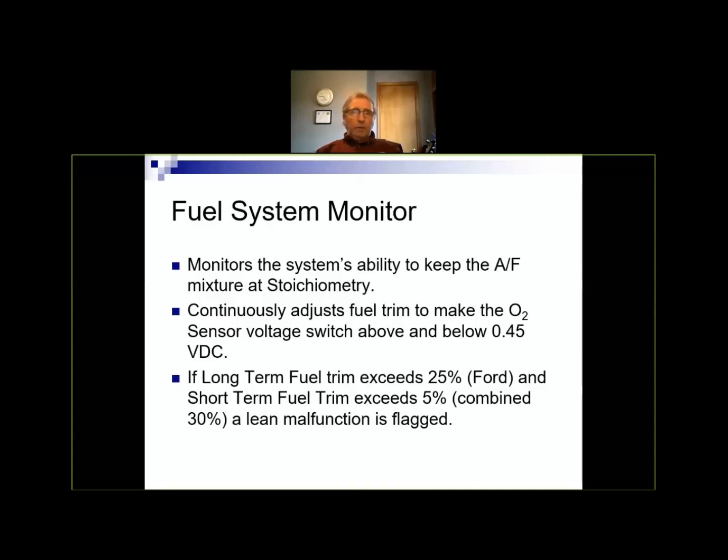So, let's just talk about what's important here. The fuel trim logic in the computer, its job is to try to keep the air fuel ratio at stoichiometry, even if little tiny things in the car go goofy, tiny little vacuum leak, things like that.